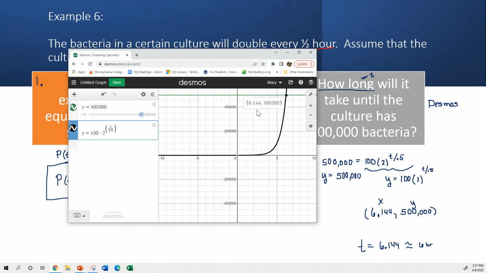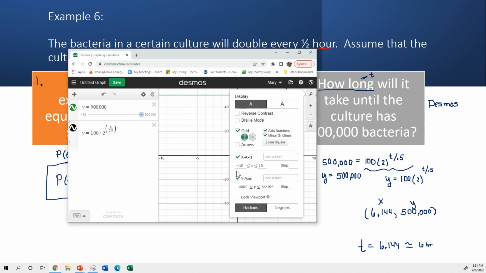And so if you want to zoom specifically to see more detail, this wrench, so it's called graph settings, when I go to it, allows me, and I could have changed both X and Y. I was okay with the Y axis because that's why I had zoomed out so far. It was really the X axis that was way too big.